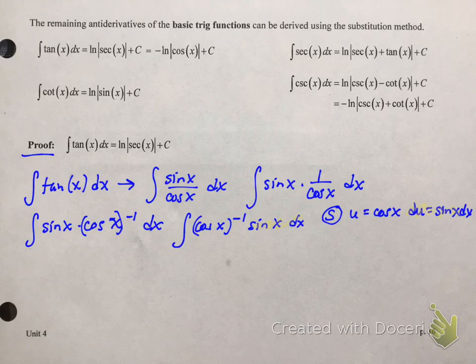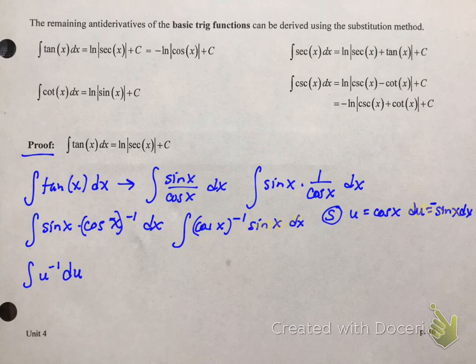All right, so let's write this up. The integration of u raised to the negative 1 du. Guys, I forgot the negative sign right here, so I'm going back and fixing this really quick.